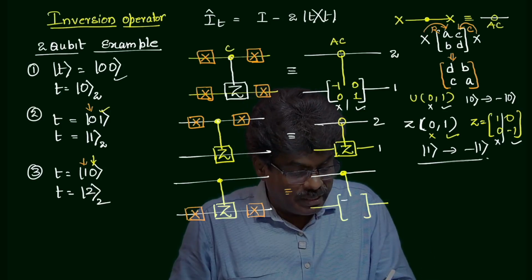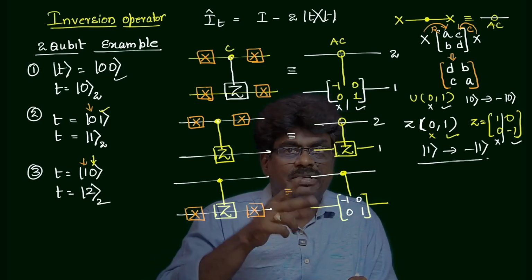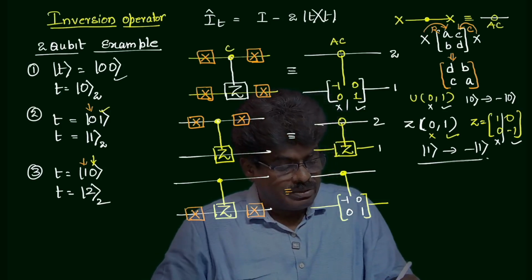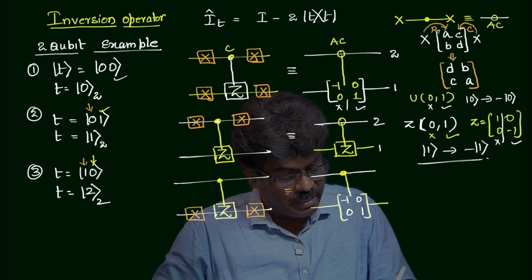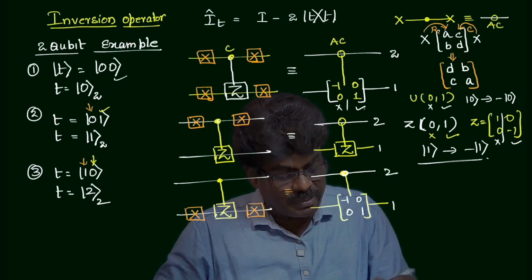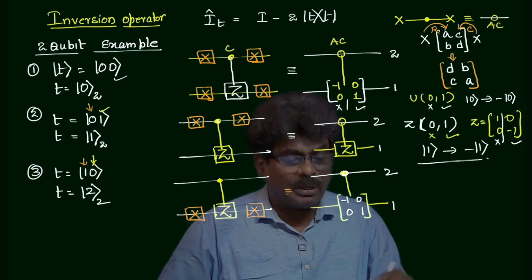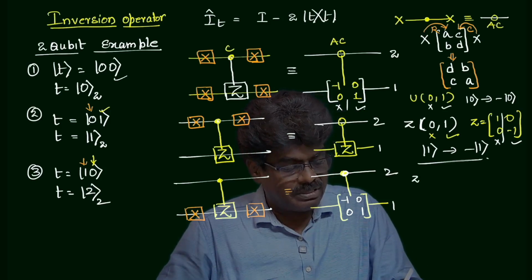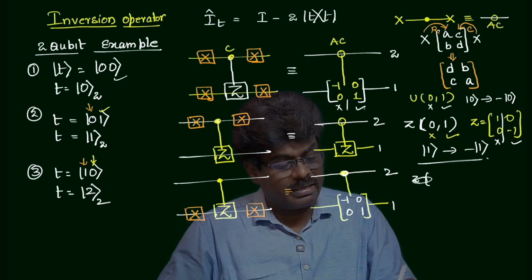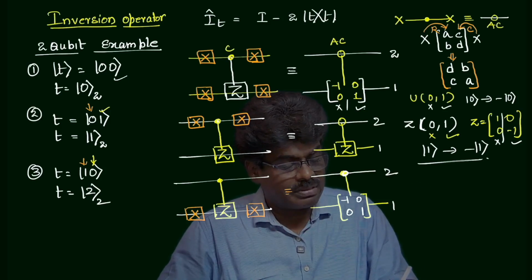I hope you know here this is minus 1 0 0 1. The diagonal elements of Z will interchange. So this operation is represented by 1 and 2. Here a control operation is there, and I told you how to write this notation. Sorry, it's not a Z, let it be U, some unitary operation.